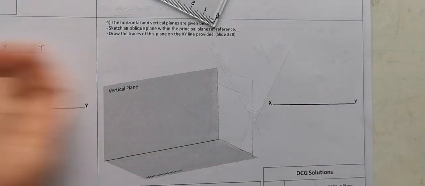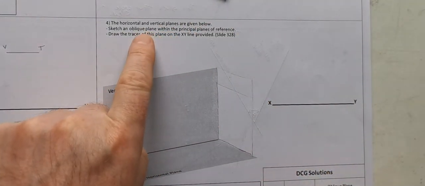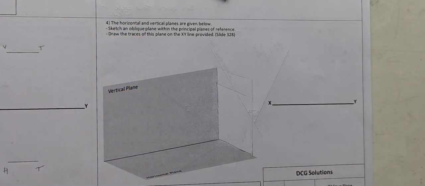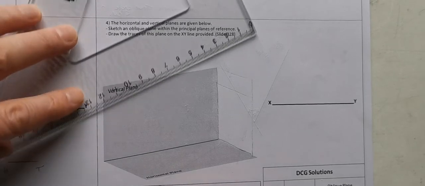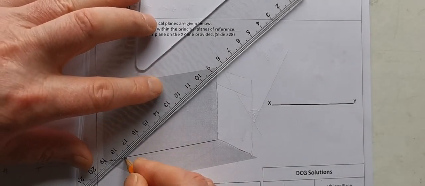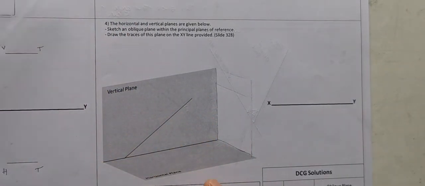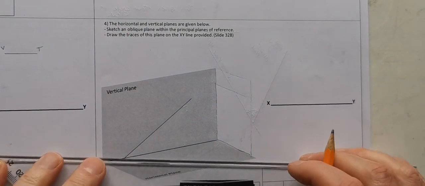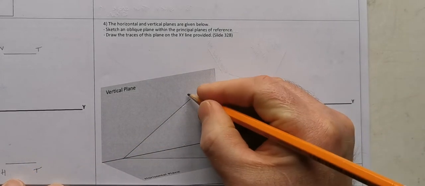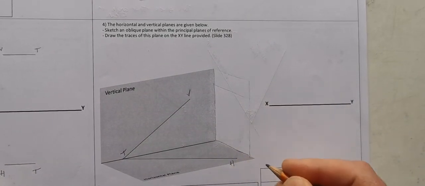Okay, so there's the planes of reference. Sketch an oblique plane and draw the traces. I know they said sketch, but I'm going to use a set square for the traces there. I'm just going to put a pretty common oblique plane here. So that's my vertical trace. Here's my horizontal trace.